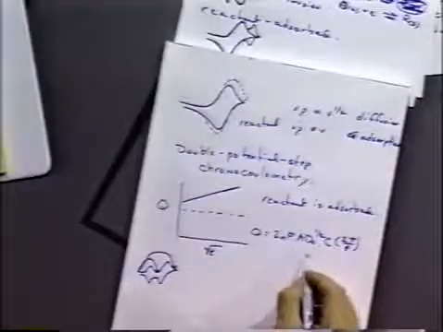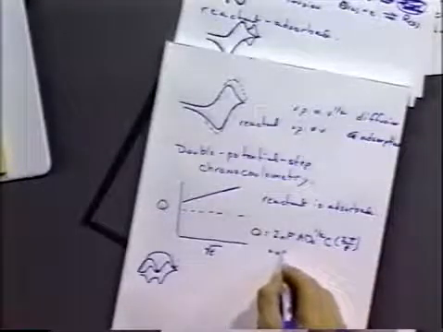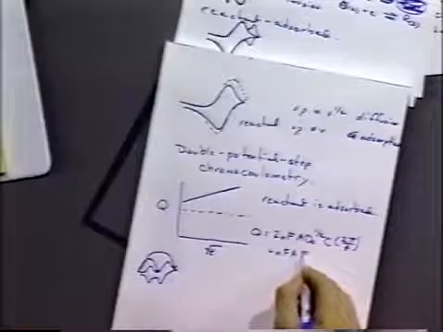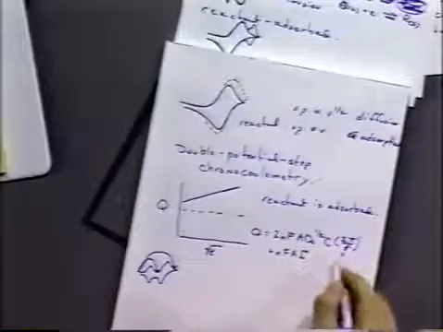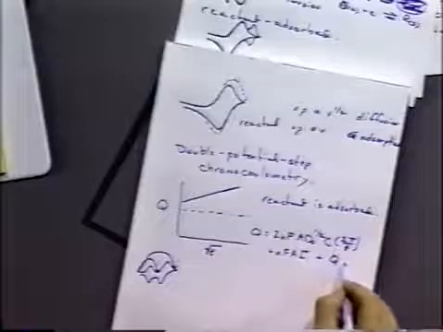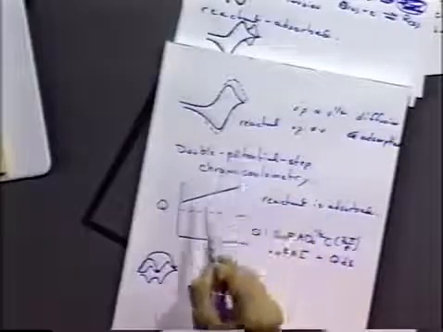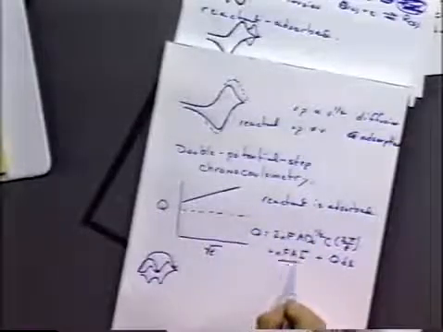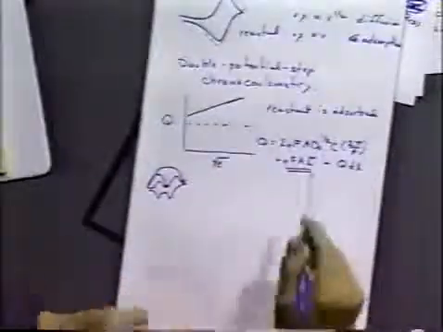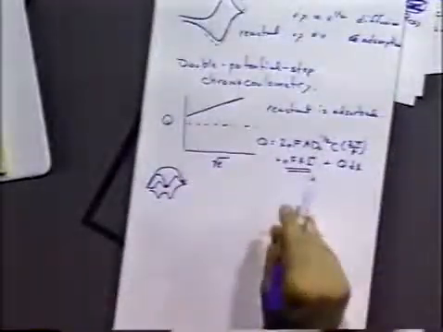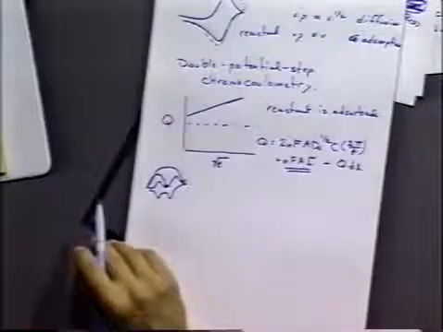Then there's going to be an adsorption part, nFAΓ, plus then there's going to be a charge from the double layer charge. So in order to know how much is adsorbed, what we really want to know is this particular part here, the adsorbed charge. This is the charge that would be associated with the adsorbed species.